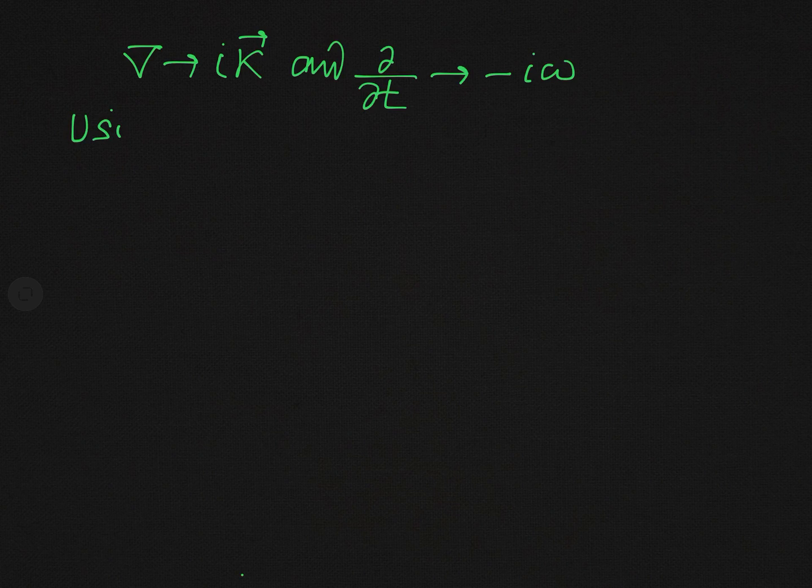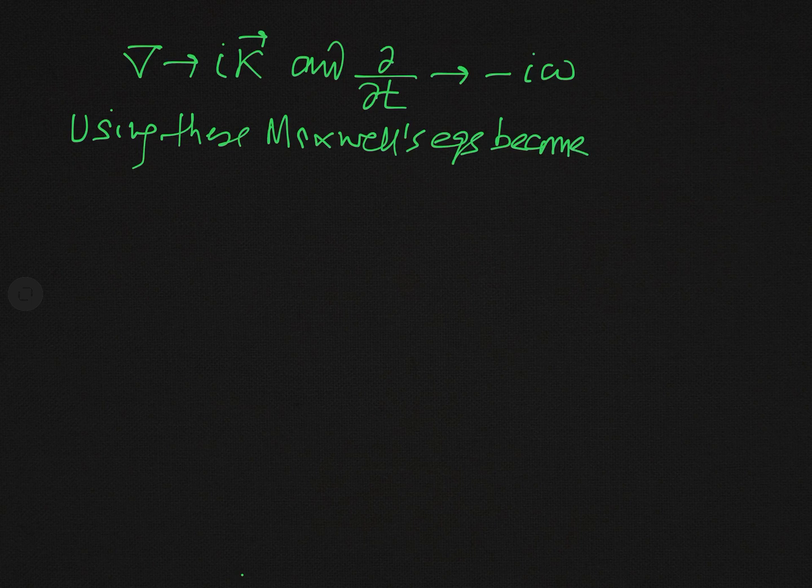So using these operators, Maxwell's equations become, for your convenience I am writing here in left side the original Maxwell equation, and after the use of these two operators, what will be the Maxwell's equation in right side.